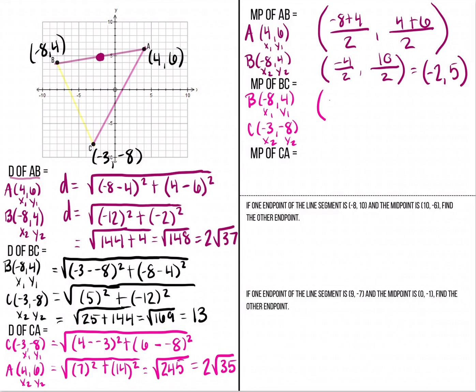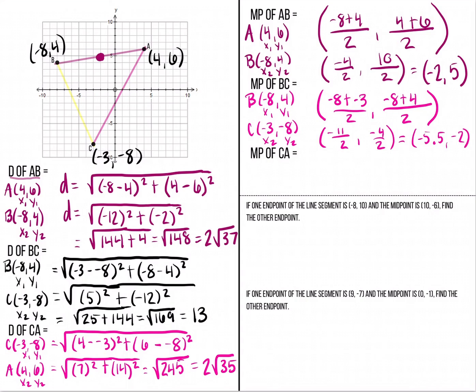So negative 8 plus negative 3 divided by 2, negative 8 plus 4 divided by 2, so negative 11 over 2, negative 4 over 2, and that simplifies to negative 5.5 and negative 2. So now we're going to graph that. So from B to C, the midpoint is (-5.5, -2). So right here, that ordered pair. That's the midpoint of BC.